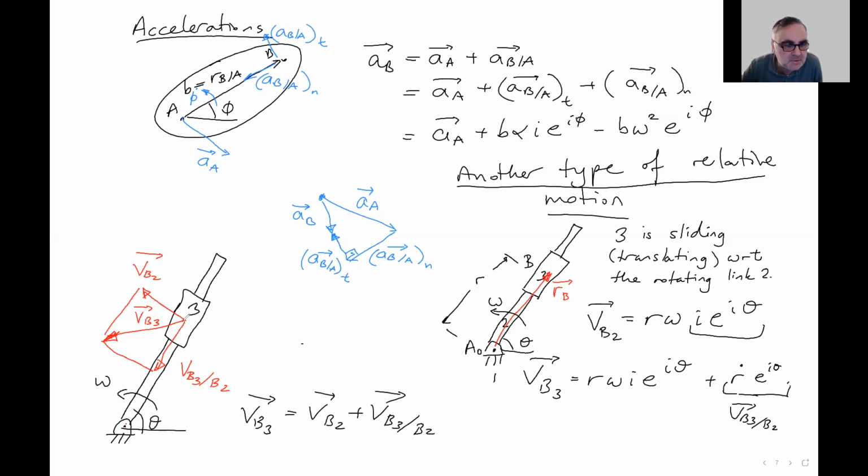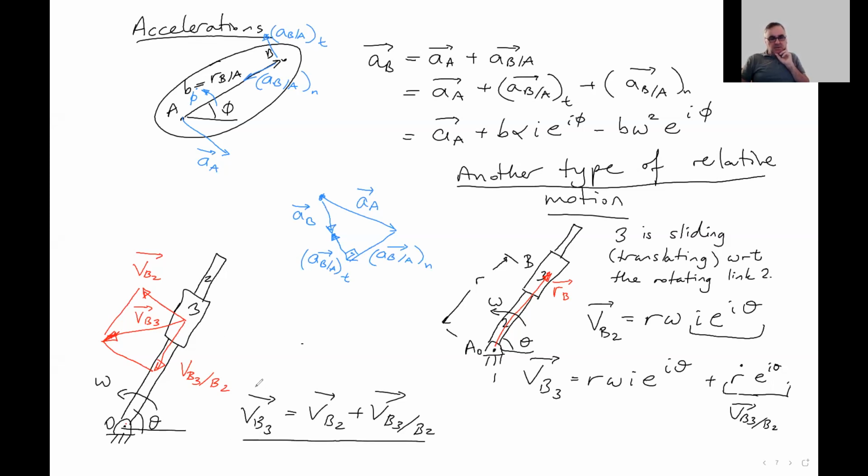The velocity of the slider is simply the velocity of link 2 on which it slides, which is making a rotation about the fixed point O, plus its relative motion with respect to the rigid rod on which it slides. Okay, this is what it says.